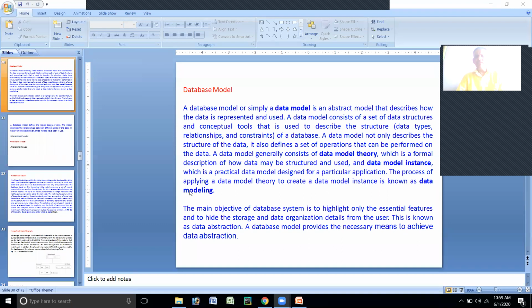The process of applying a data model theory to create a data model instance is known as data modeling.